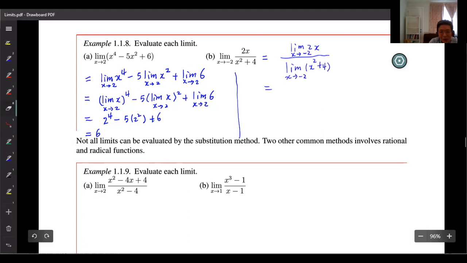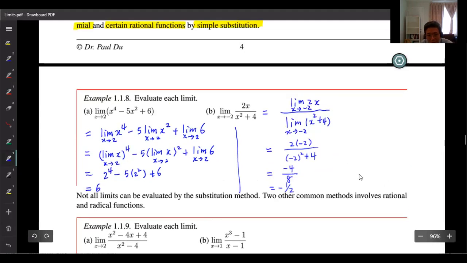For now, we don't have to write something like this. I think you can follow this. So this is basically just 2 times -2 over (-2) squared plus 4. If you use the rule, you should get this. Now calculate this one, you get -4/8 or -1/2.